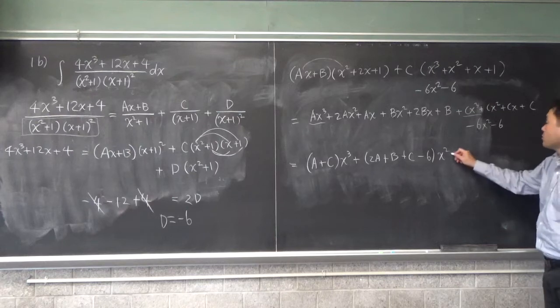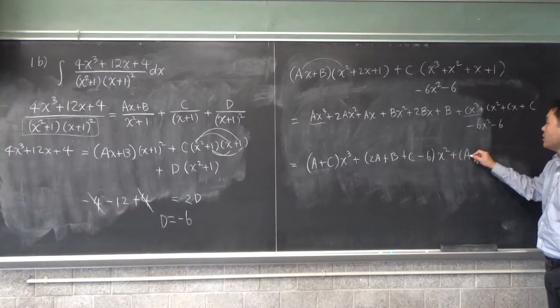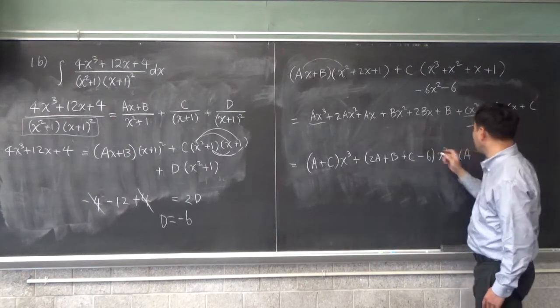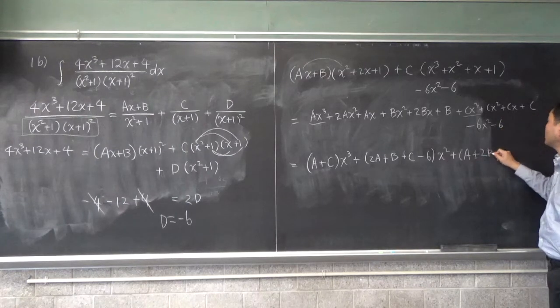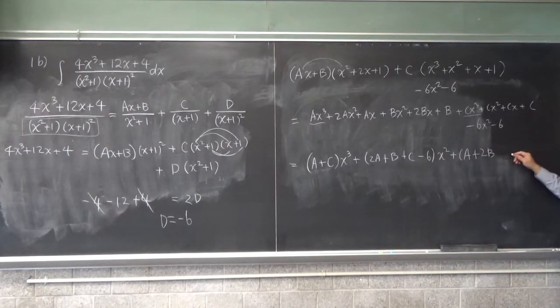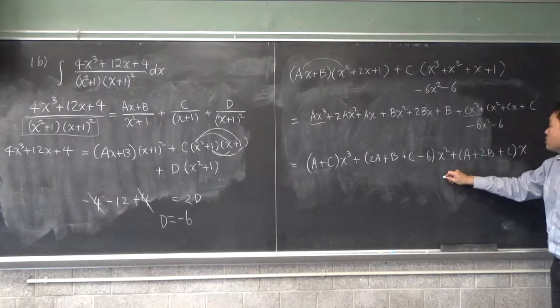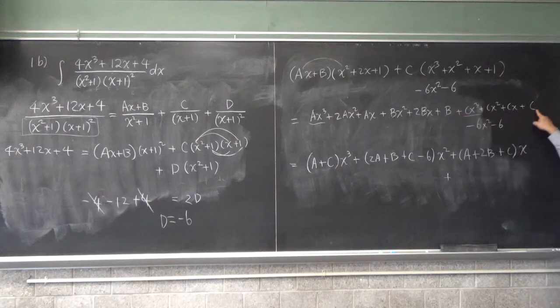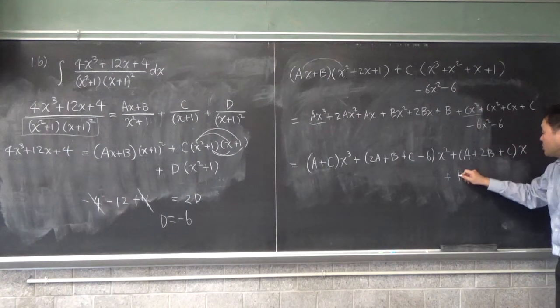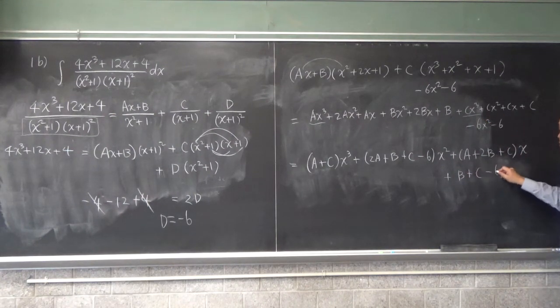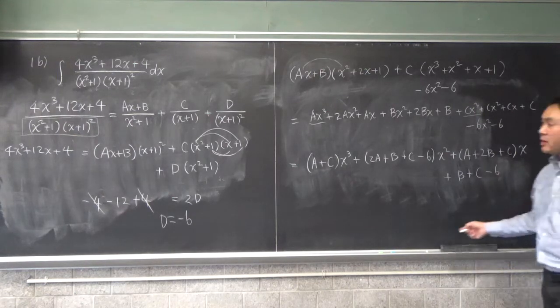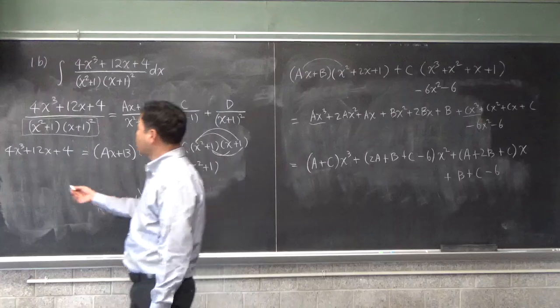Then for the x term, there's ax, and then 2b, then there's cx, and finally the constants are b, c, and negative 6. b plus c minus 6. And that has to match with this function.